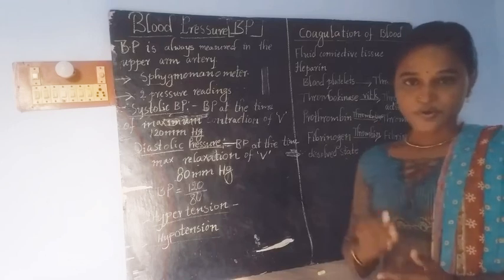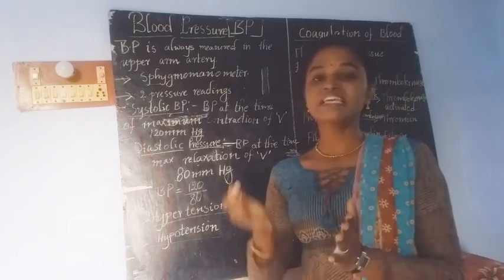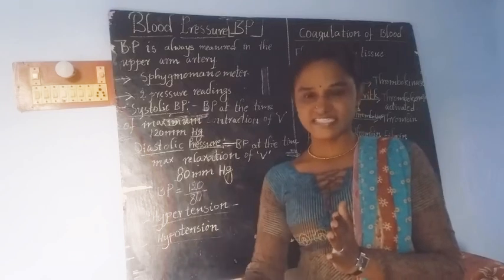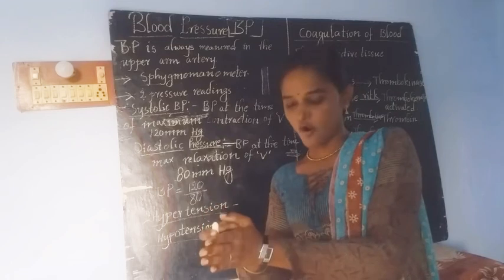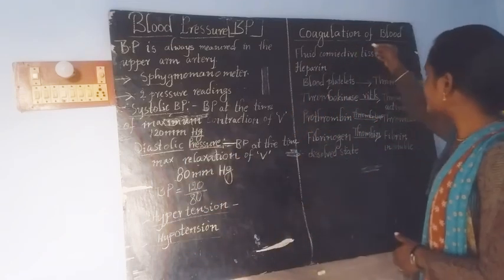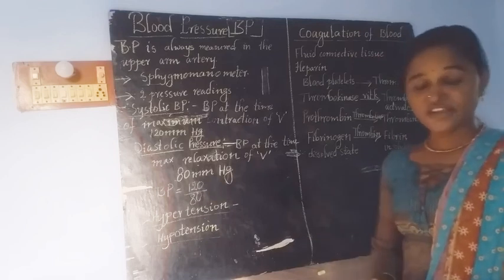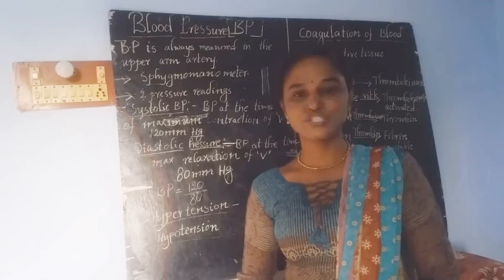The process of turning blood from liquid state to solid form is called blood clotting or coagulation of blood. And we all know that blood is the fluid connective tissue.